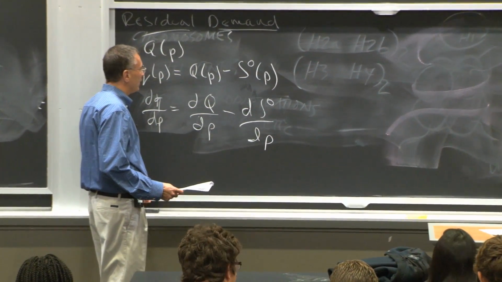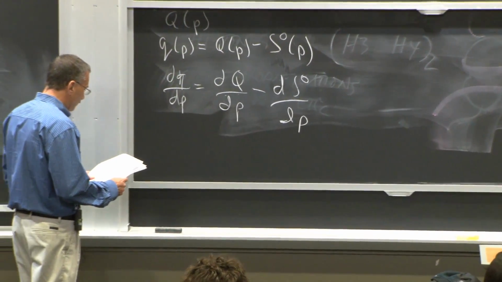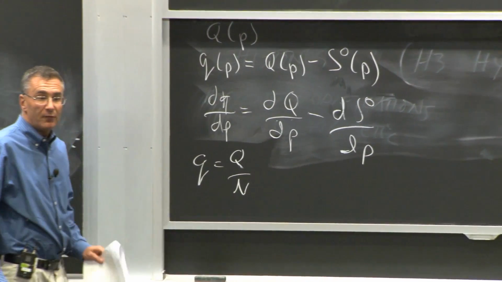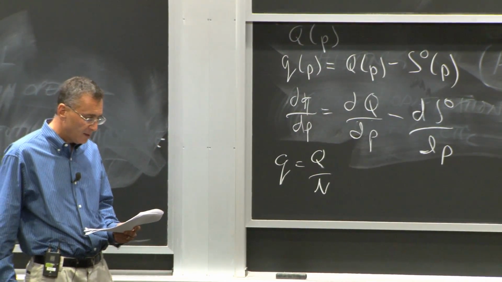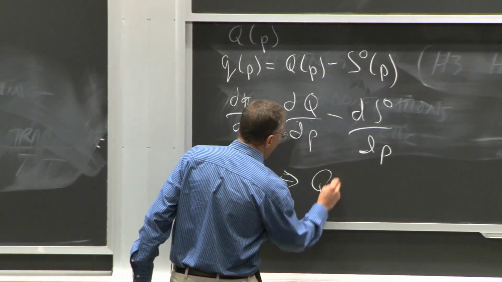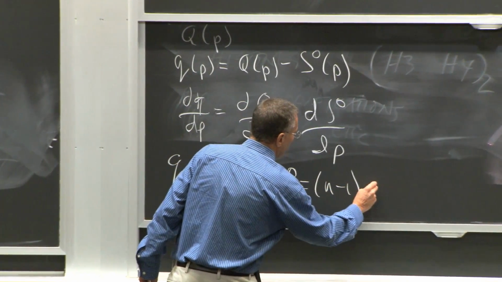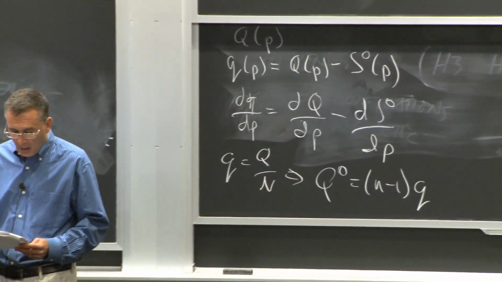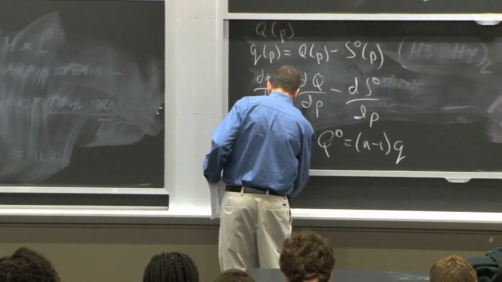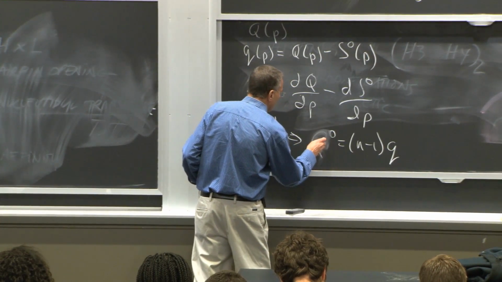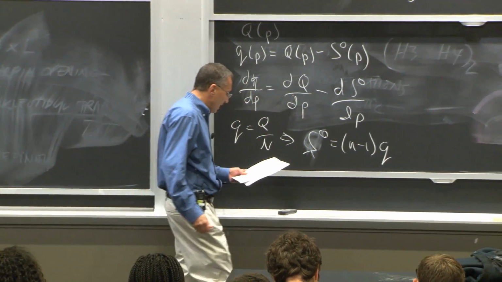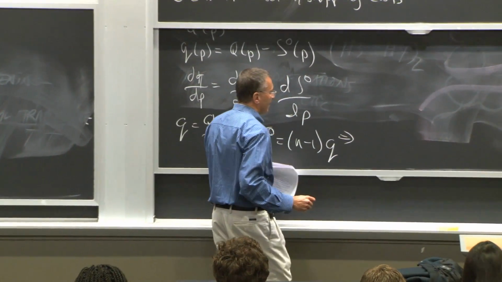If we assume, as Perloff does in the book, that all firms are identical, so little q equals big Q over n, and if we define S0 as n minus 1 times little q, the quantity supplied by all other firms, then you can write down the formula for residual demand that Perloff writes down.